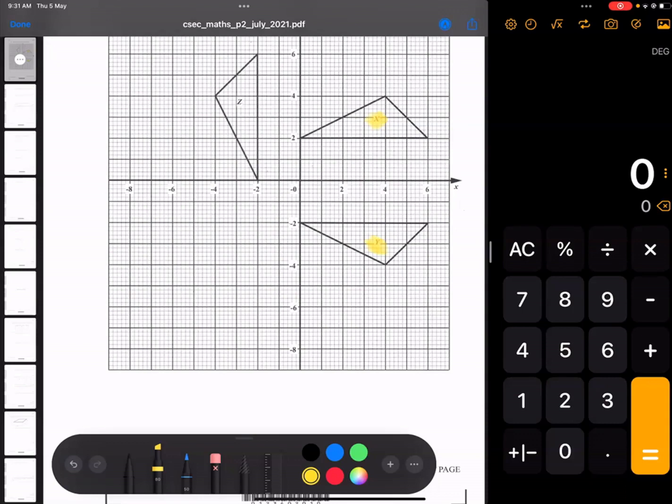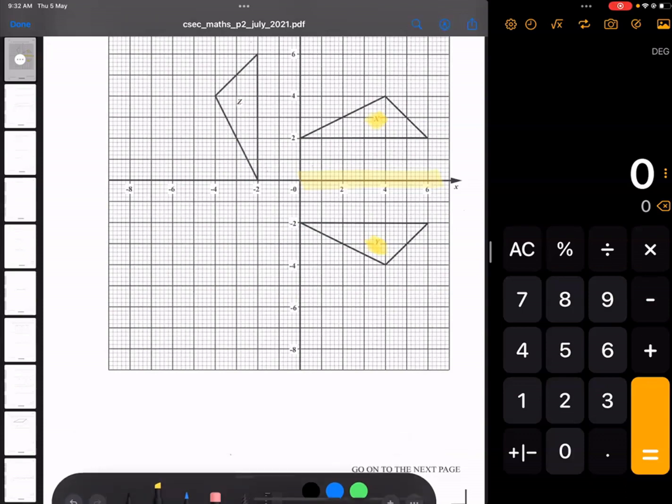Looking at these two triangles, we're going to try to find the equation of the mirror line. Looking at the graph, we can suspect that the mirror line would be the x-axis, because both triangles are an equal distance away from the x-axis. So we could suspect that the x-axis is indeed the mirror line.